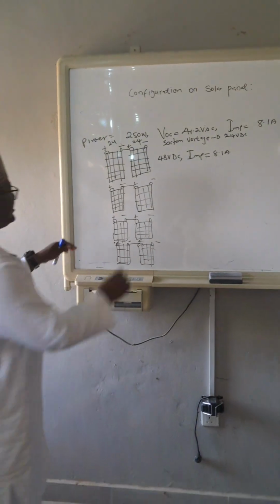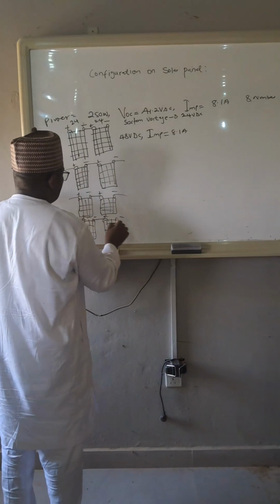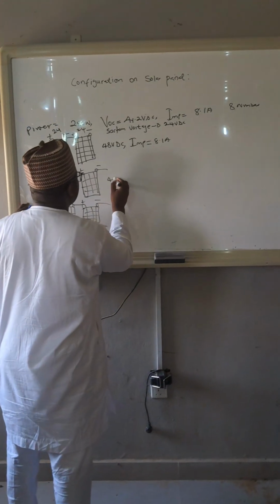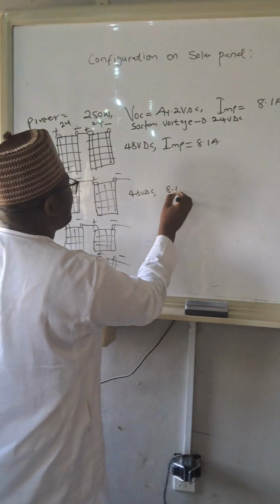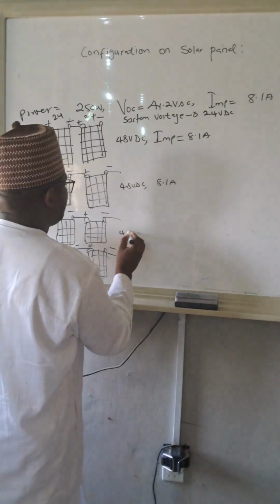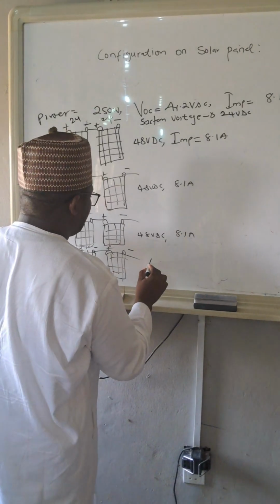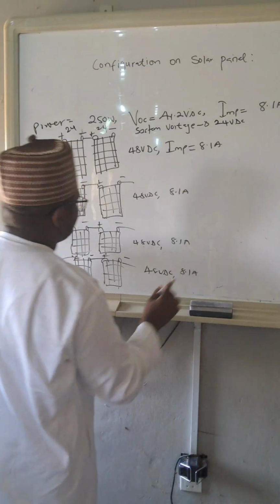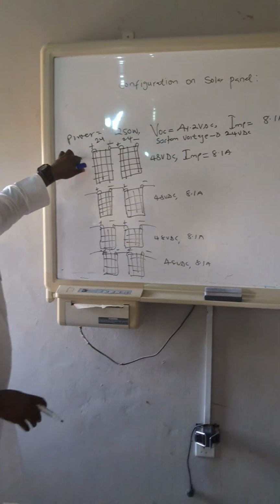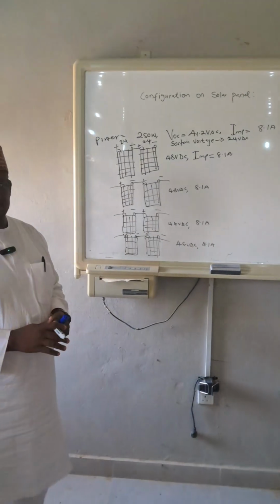If you look at it here, the same thing: 48 V DC, 8.1 amps. 48 V DC, 8.1 amps. This string is series, another series, another series, another series.